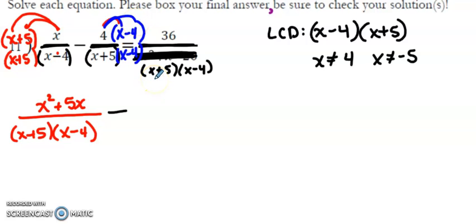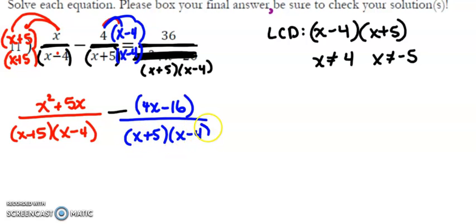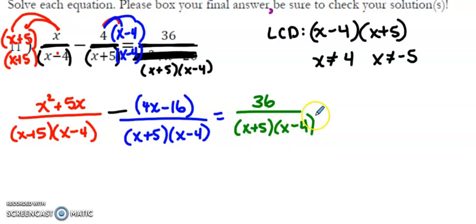I'm going to keep that in parentheses, and the reason I keep that in parentheses is that I will need things to distribute. Oh, that's a minus 16, I said it, I didn't write it, 4x minus 16. All over, now I have the common denominator, x plus 5, x minus 4. All of that is then equal to 36 over x plus 5, x minus 4, because that one didn't need any changes.